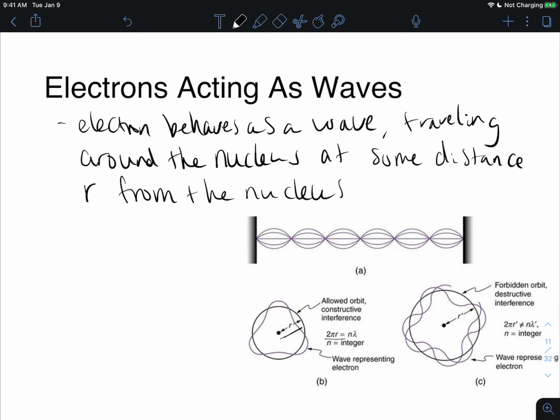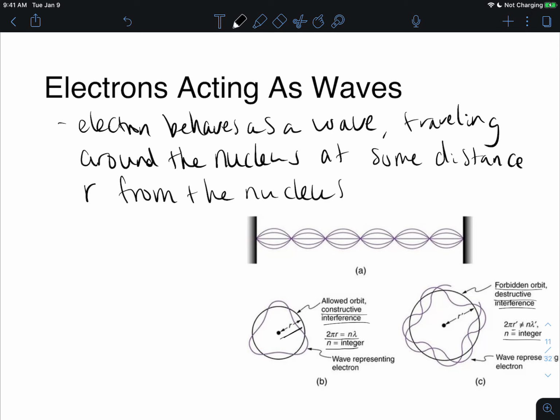If that r value is correct, then when we solve for it, we get an n value that is an integer, which is what we'd expect, and we have constructive interference, which is what we want with a wave. If we are in a forbidden orbit, so our r value is incorrect, then if we put n in as an integer, we have destructive interference that occurs, which will cause the electron to spiral into the nucleus, right?